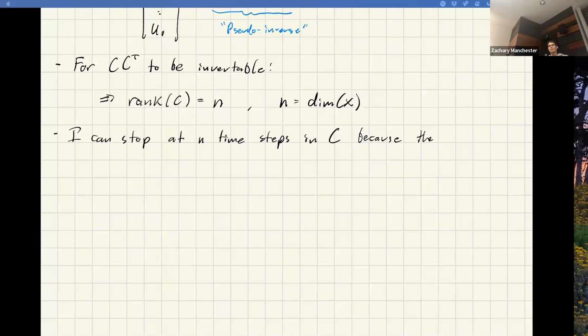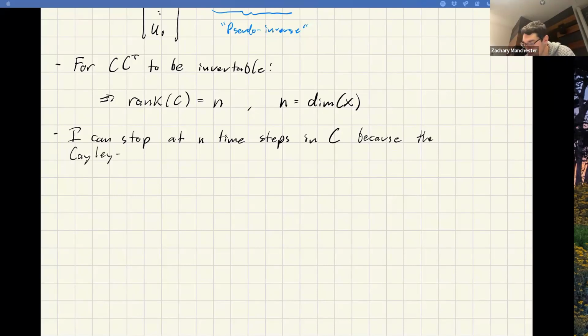So I can write the millionth power, or A to the 10,032, in terms of just A to the 1 through n for an n by n matrix. That's the real result. All those other things follow from there, and that's why you can stop here.